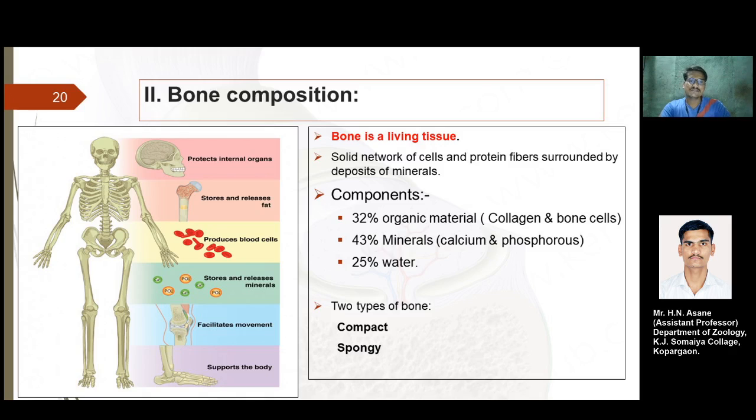It also releases them, as when a mother feeds her child, the mother's milk, or cow milk, contains abundant calcium, which is released by these bones. And facilitating movement is also carried out by the bones, which we are going to see in detail.